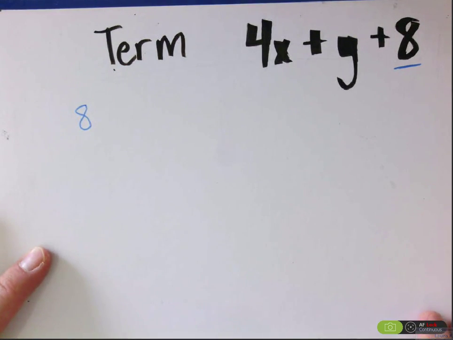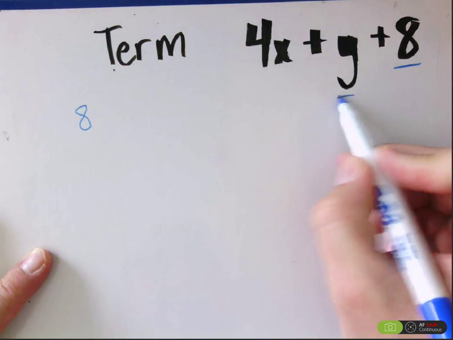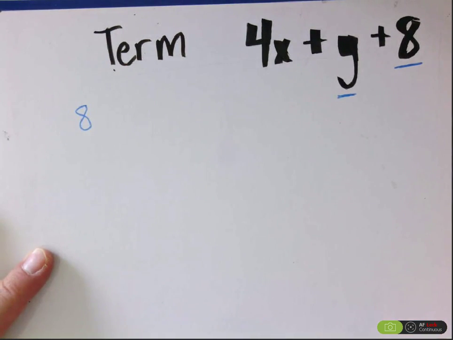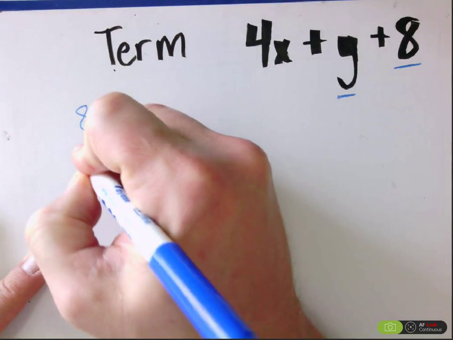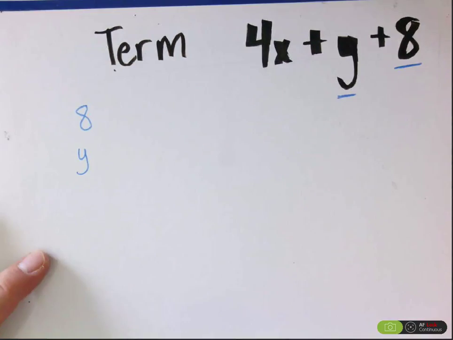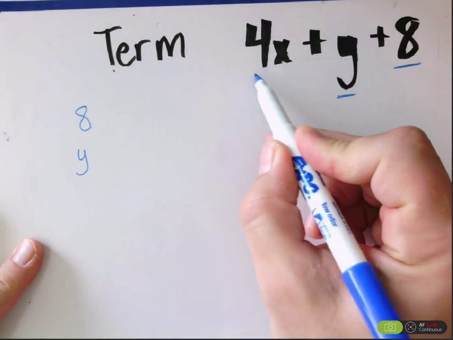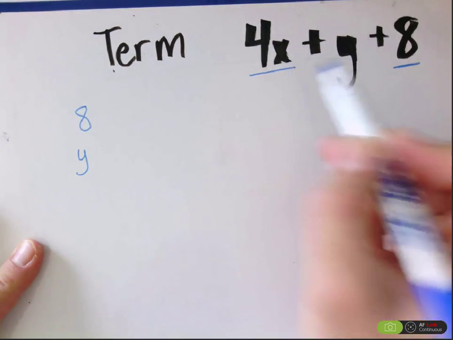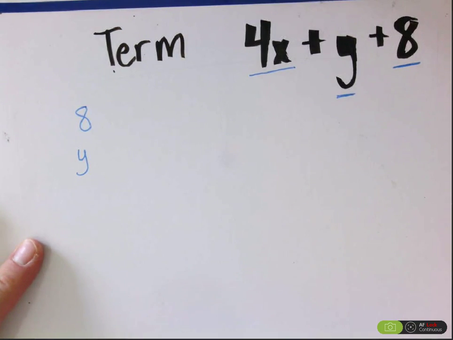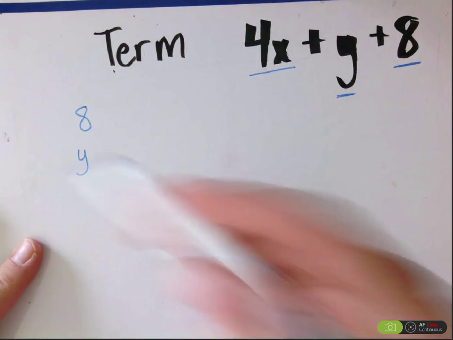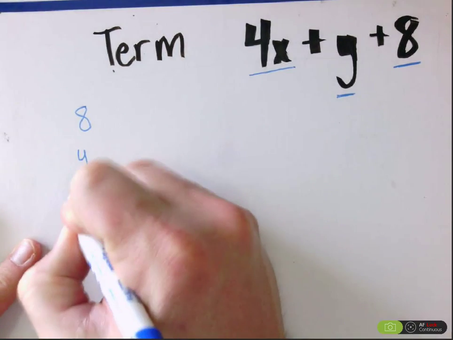It can be a variable by itself. So there we have the variable y by itself. We also have one other term, and that is 4x. That's a variable with its coefficient. The whole thing together is one term.